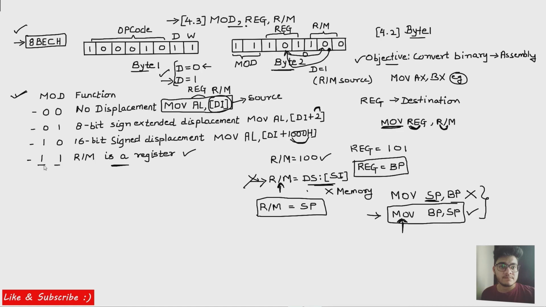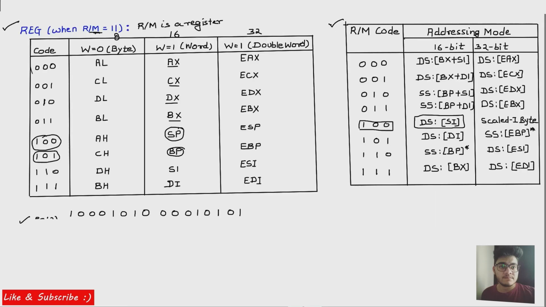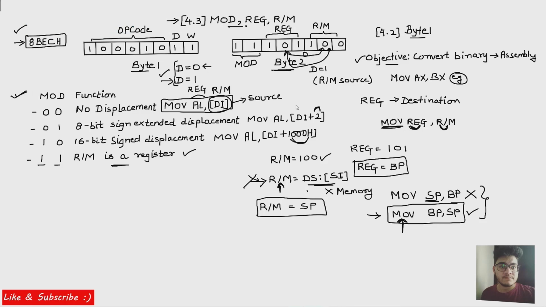If the mod field is 1 1, then RM is a register, so we are going to tally the same table for REG and RM. If RM is not a register, which means the mod field is not 1 1, then we are going to tally from this table, right? So this is how we convert binary into assembly.